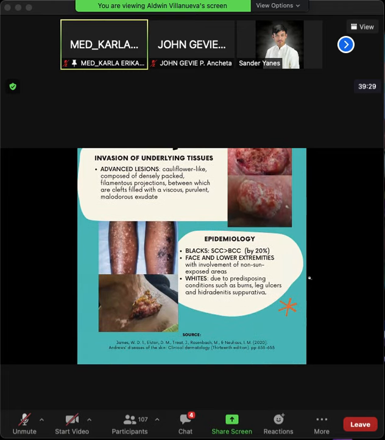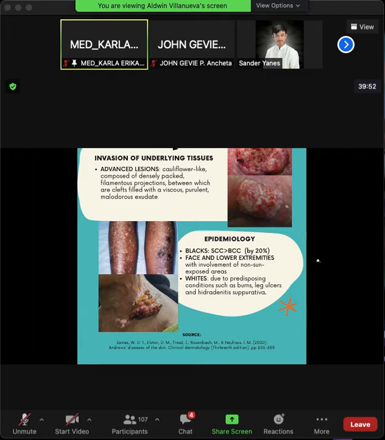For the epidemiology, in blacks, squamous cell carcinoma is much more common than basal cell carcinoma, at about 20%, with the face and lower extremities being the most commonly involved, including non-sun-exposed areas.